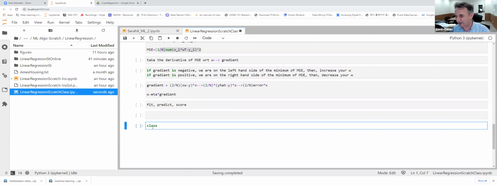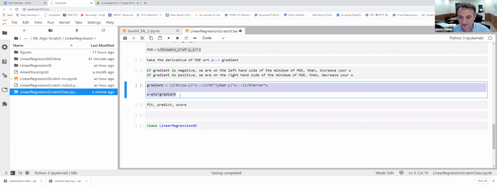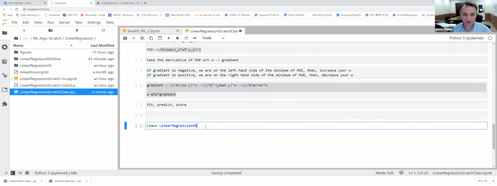There are some other reasons, but basically that's why we are going to be using a class. We are going to put related functions like fit, predict, and score together inside one class. So let's name our class linear regression stochastic gradient descent. This whole process is called stochastic gradient descent. So this is our class.